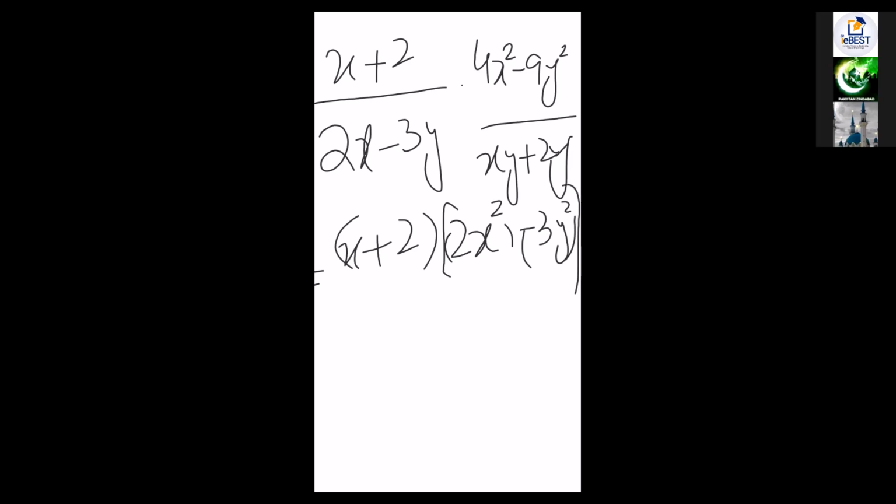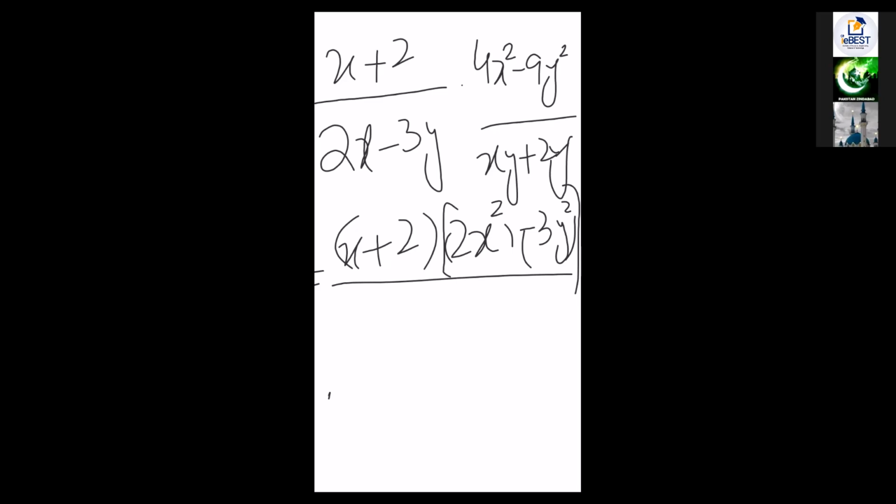Did you understand what I have done? 2x minus 3y. Oh yeah, so you've done 4x squared become 2x squared, and 9y squared has become 3y squared.